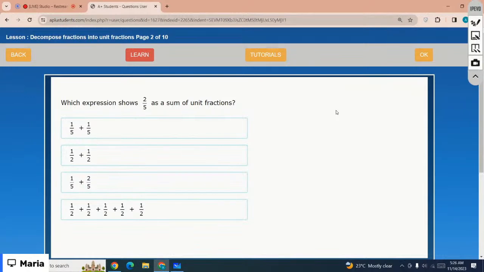Yes, the correct option is option number 1. It is 1 by 5 plus 1 by 5. Option 1 is the correct option.